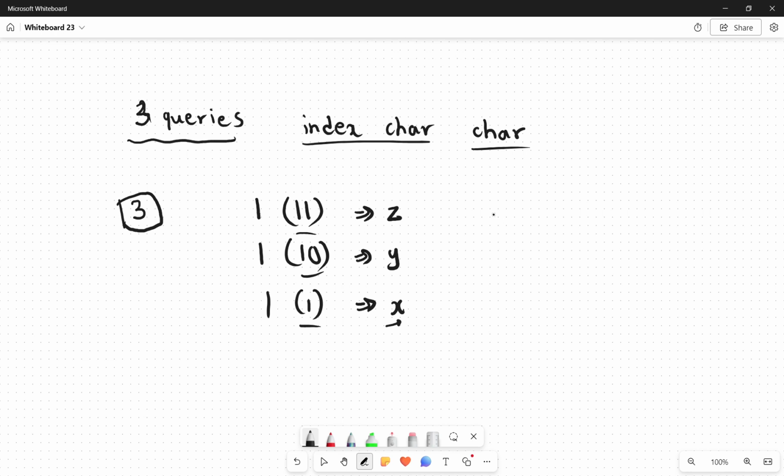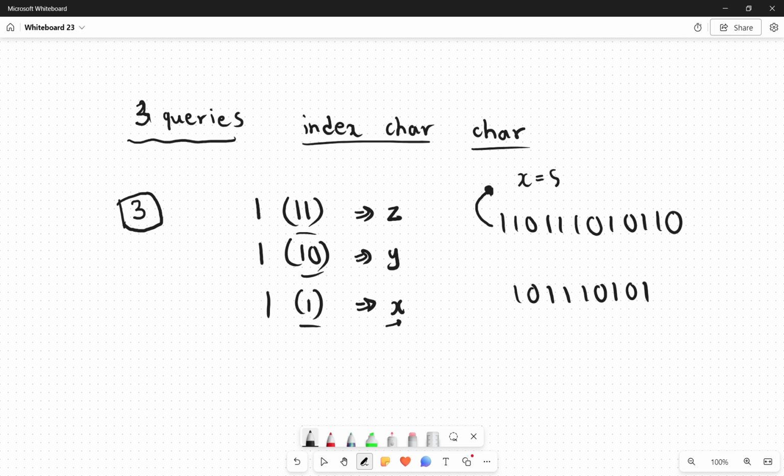Suppose we take any binary string: 110111010110. And take another binary string: 101110101. Here x will be 8.